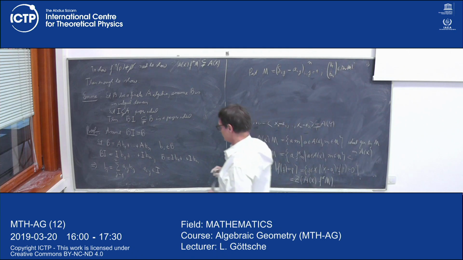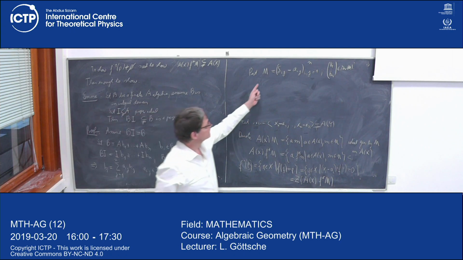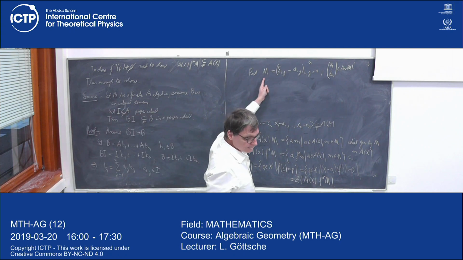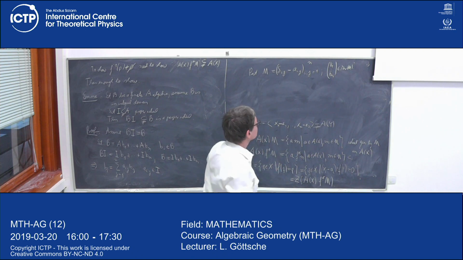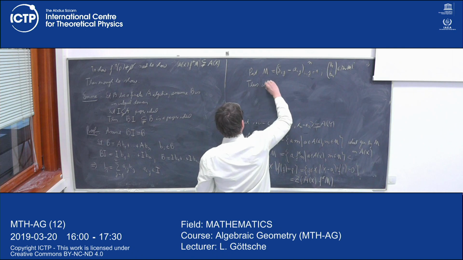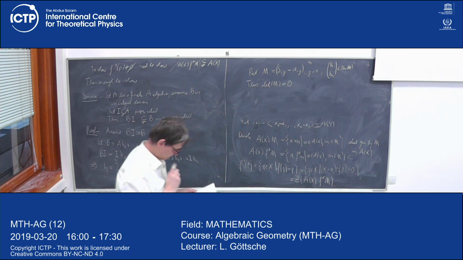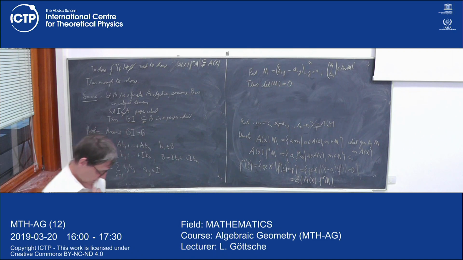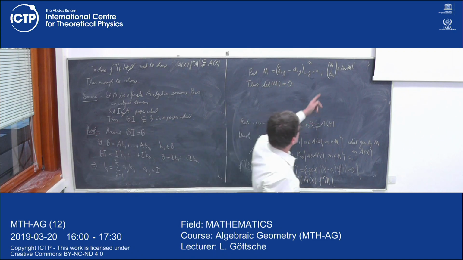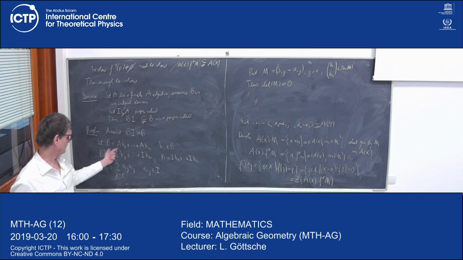So therefore, again, viewing M as a matrix with coefficients in the fraction field, we can deduce that the determinant is equal to 0. Because B1 to Bn, obviously, is not the zero vector because it generates the whole thing.